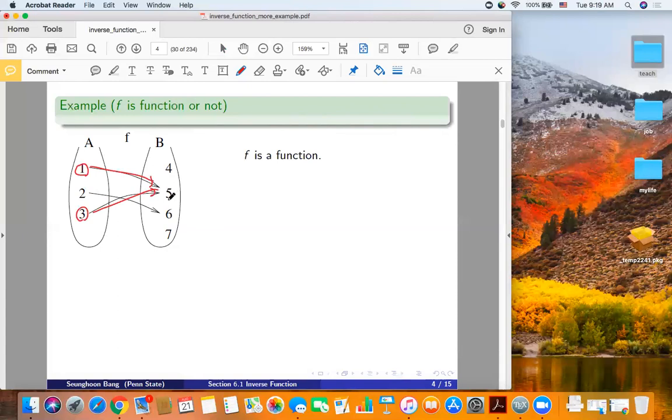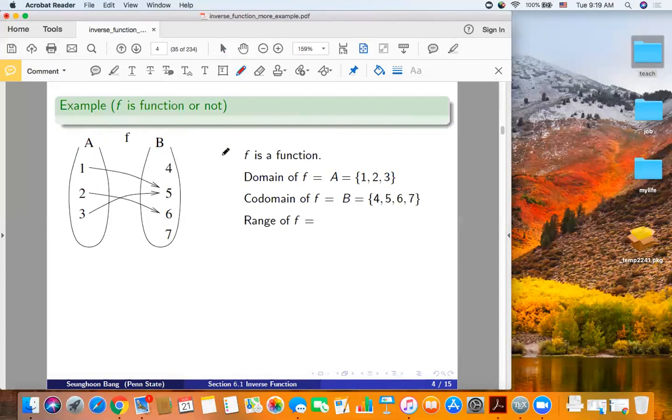This is a function because 1 is going to 5 and 3 is going to 5 individually. The domain is 1, 2, 3, the whole A. The codomain is the whole B: 4, 5, 6, 7.